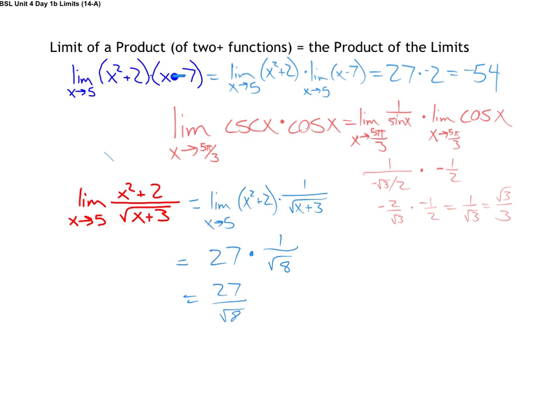How do you want us to write the answer? 27 over square root of 8 or the 9 divided by 5? You could either do it as a decimal to 2 sig figs or 3 sig figs, or like here, 27 root 8 over 8. Pick a main. Which is, I guess, actually, we should probably simplify that root 8 first.